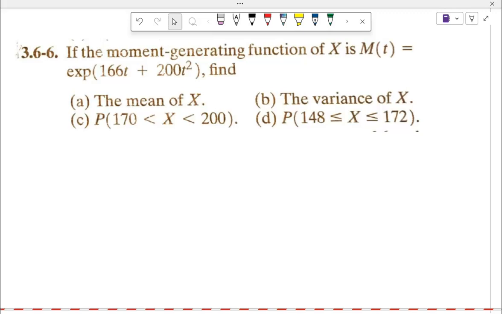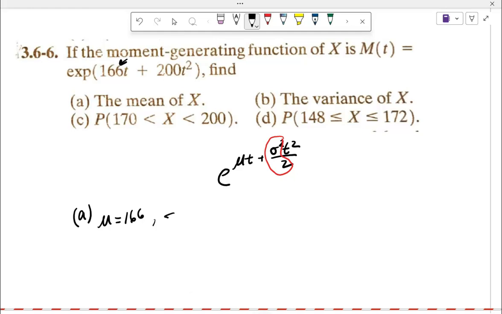So remember, our moment generating function for a normal distribution is e to the mu t plus sigma squared t squared over 2, right? The thing to pay attention to is that sigma squared over 2 is the coefficient on the t squared. The mean we should be able to read right off. What is the mean? 166, good, right? Because that's the coefficient on the t.